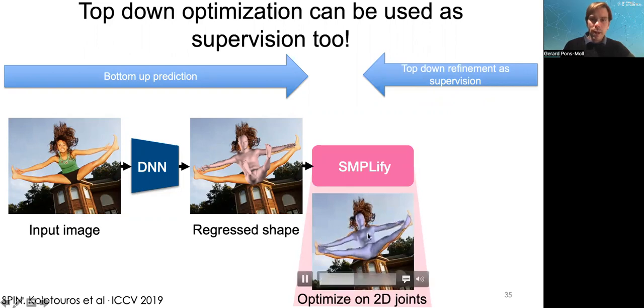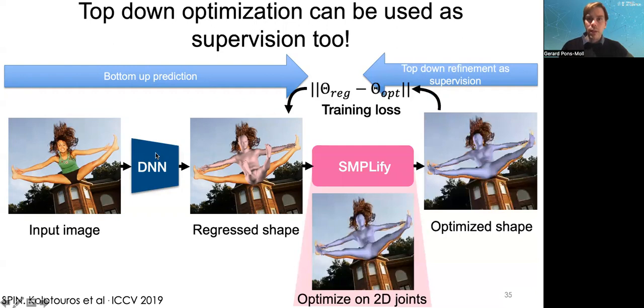And obtain better fits, because we know that optimization works if it's well initialized, and now use these fits to supervise the deep network, and iterate this, right? That's the basic idea. You have a prediction, then you do optimization, and then you supervise the network with these predictions.